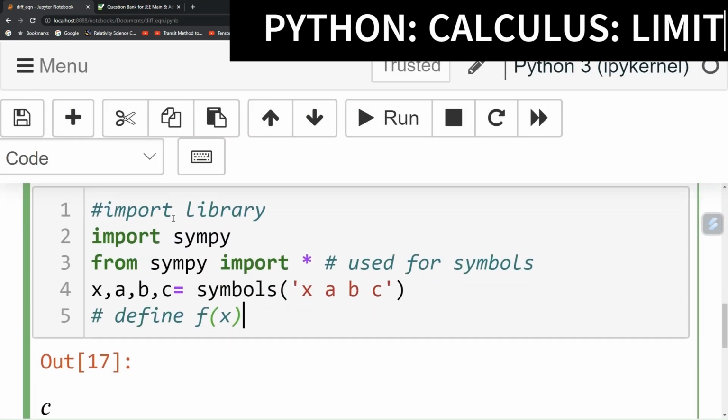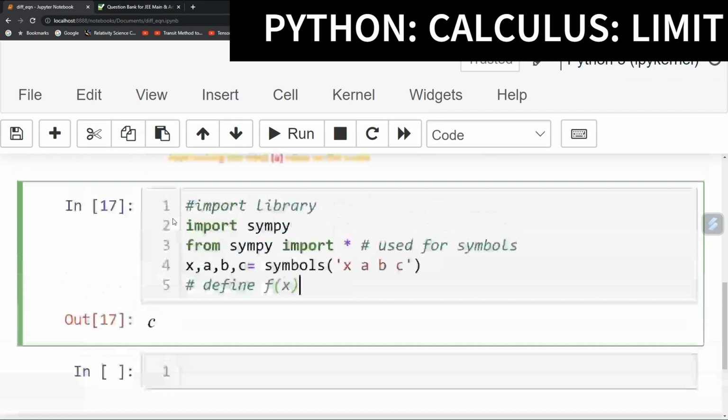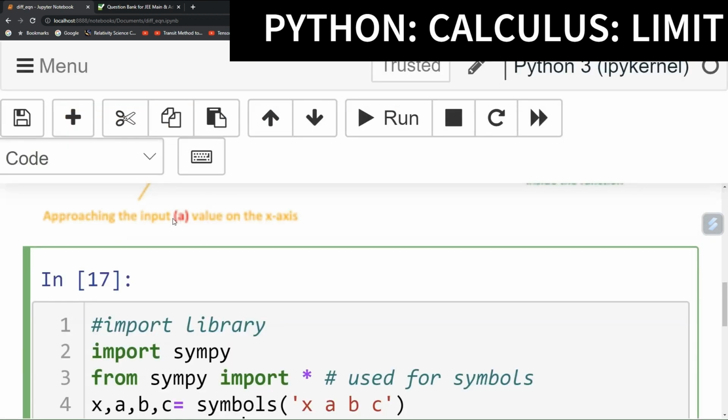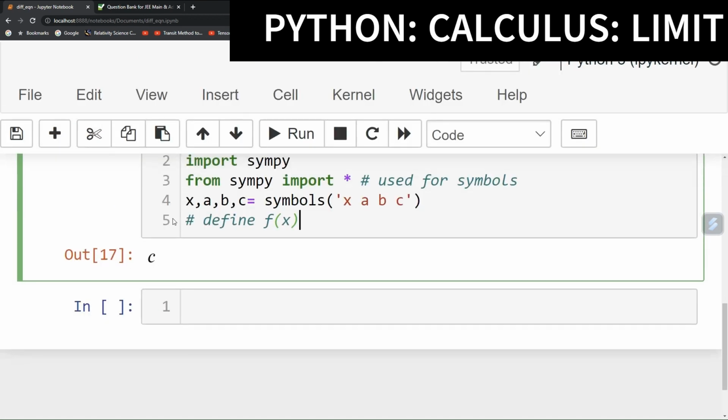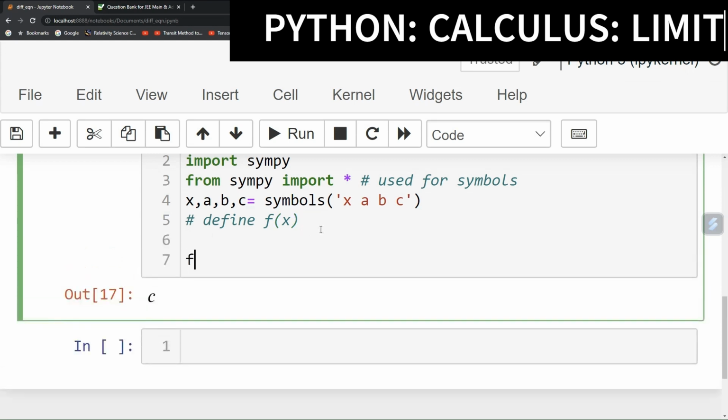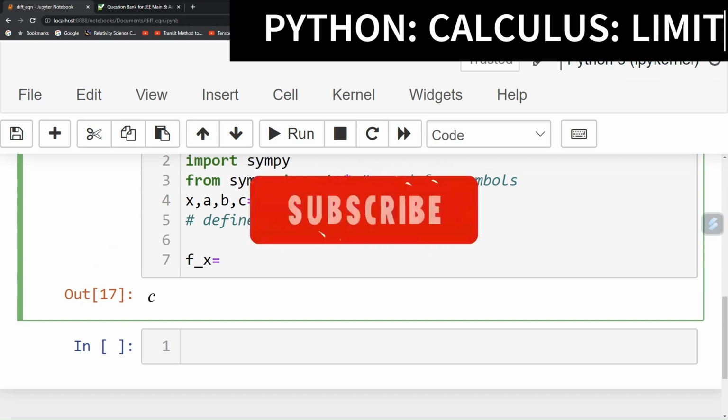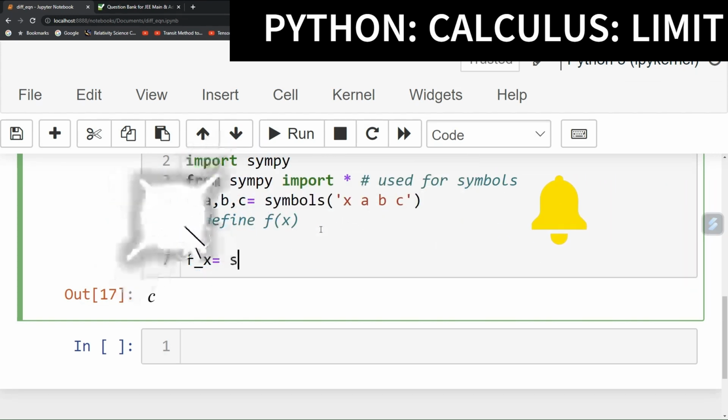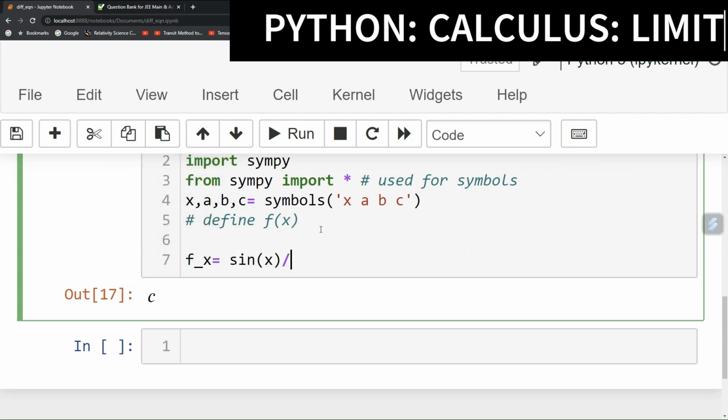For that, you give f of x equal to any function from your x, a, b, c. I will simply say sin x by x.